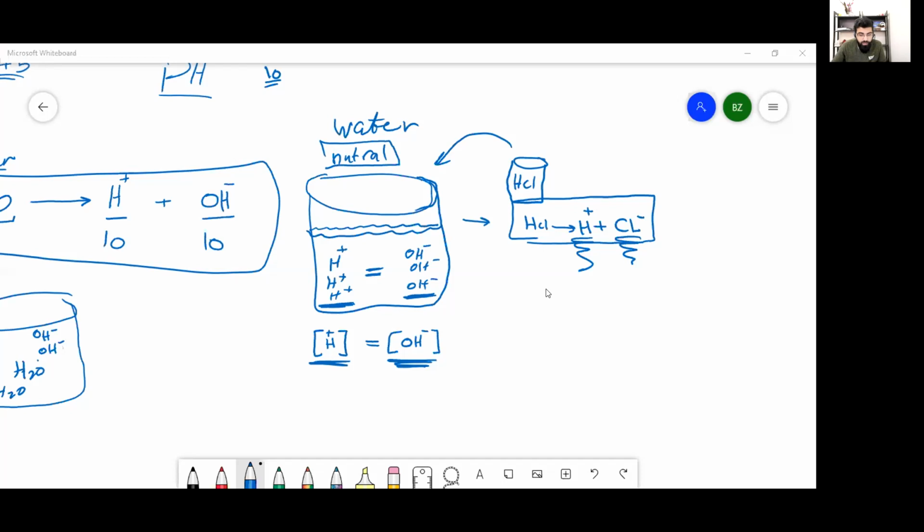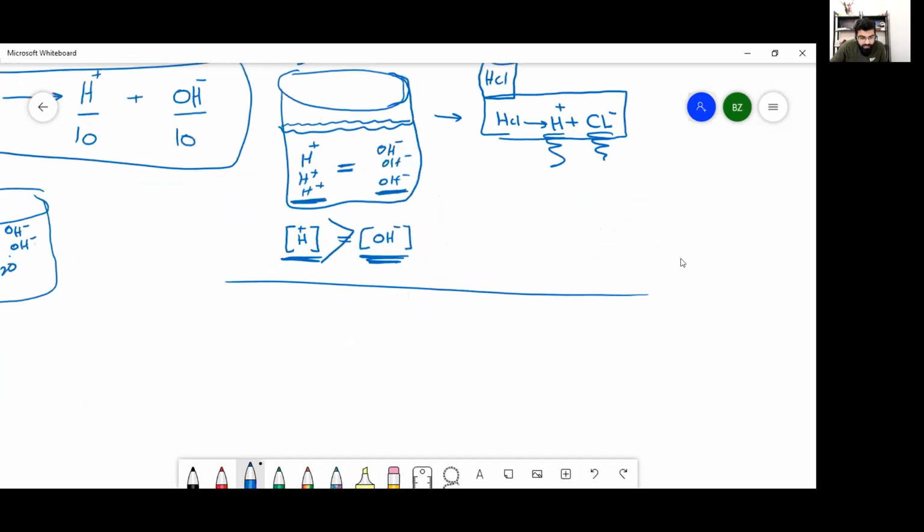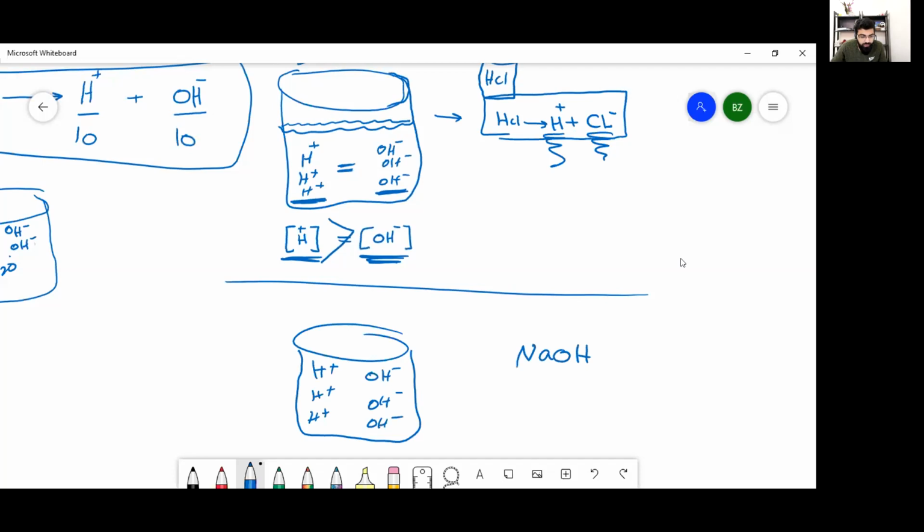Got it? But what if you add a substance solute such as NaOH to the water solution, what will happen? That increases the OH minus or increases the H plus?